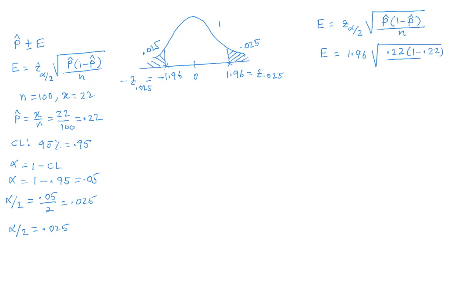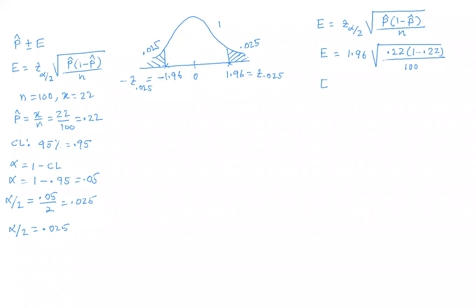All of it divided by the sample size, which is 100. If you did the calculation properly, it's going to be 0.22 times 0.78 divided by 100, square root of it, times 1.96, which is 0.0811.